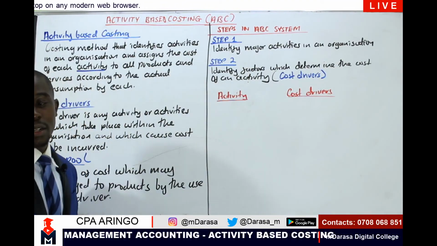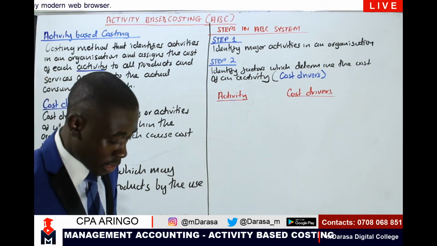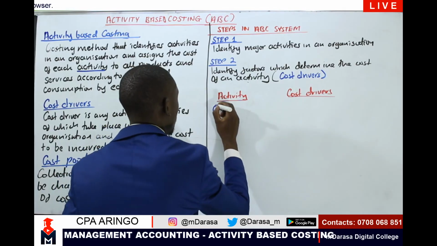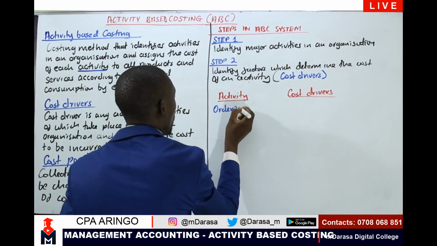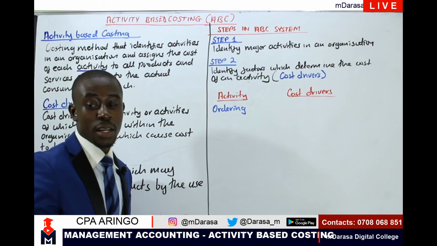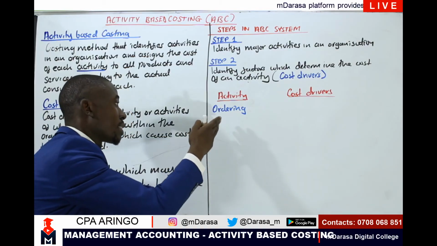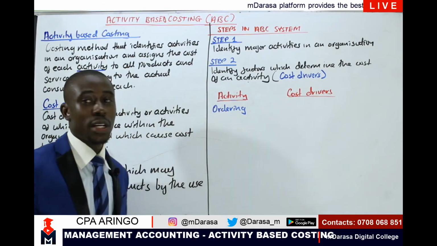Take for example, I have an activity known as ordering. The question will be, what will cause us to have this ordering cost?